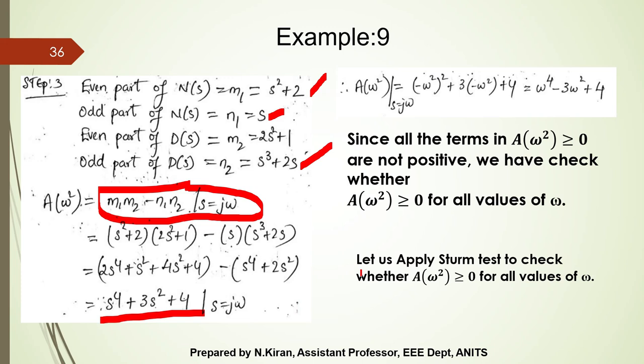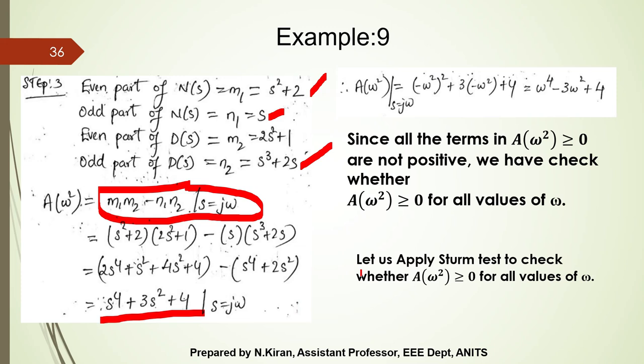Remember one thing: only if we are unable to check whether the given expression is positive for all omega by substituting omega randomly as 1, 2 or 3 and so on, only in such cases do we have to apply Sturm's test.